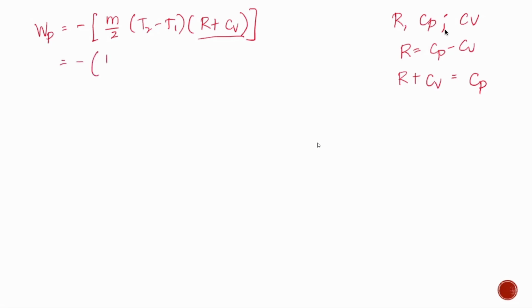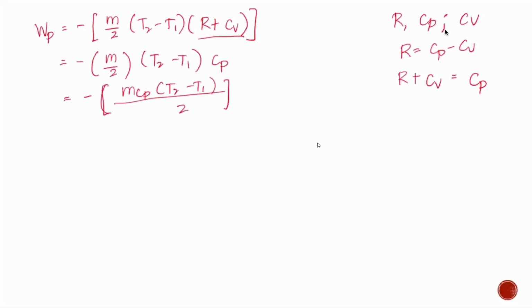So, pwede daw natin siyang ganituhin. We have M over 2 times this T2 minus T1. So this R plus Cv is just equal to Cp. So ano nang kamukha nito? Lagay natin nga, we have negative M Cp T2 minus T1 over 2. O anong kamukha niyan doon sa ating formulas na ginamit?